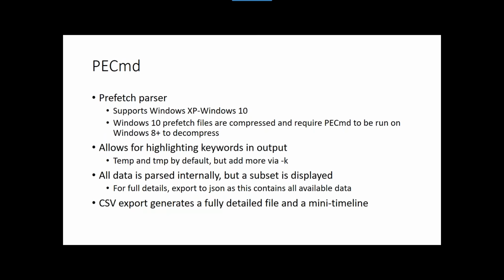Well, PE-CMD comes with two built in. Anytime it sees TEMP or TMP in a path referenced in a directory or a file, it will highlight that line in red. If you wanted to extend that, using my examples a minute ago, to anything running from the recycle bin or referencing the recycle bin, you can use the -K switch and then add to that list, and it will highlight those entries in red for you.